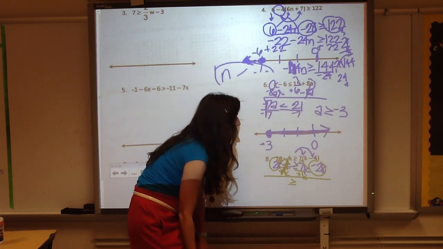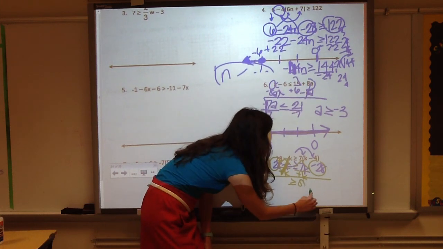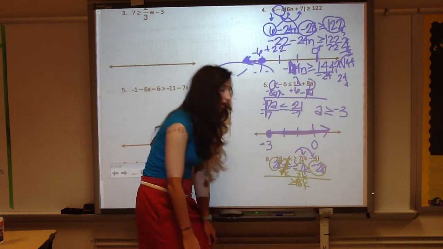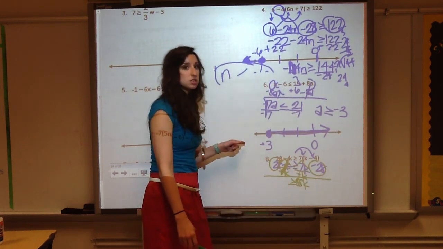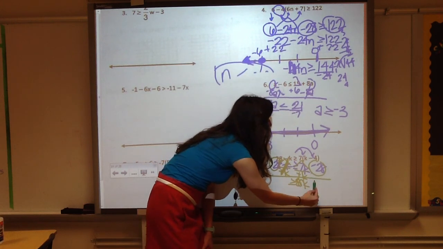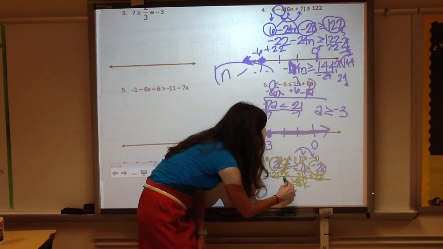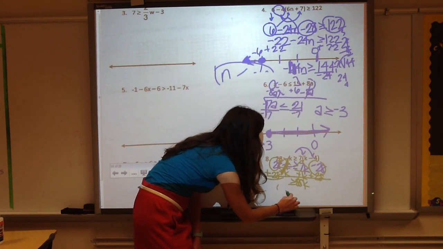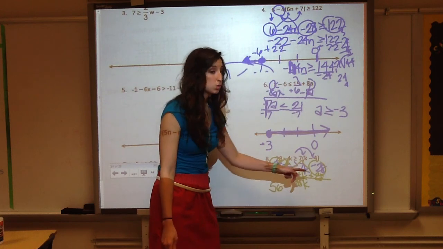I have a greater than or equal to 7 plus 1 is 8k. Oh man, that looks hideous. 8k. And then how am I going to get these circles to the other side? I have a negative 28, so I'm adding. Add 28 to a 28, so here we go. 56 is greater than or equal to 8k.